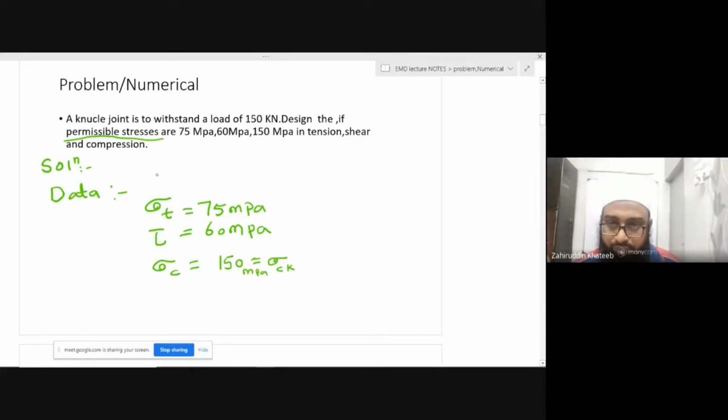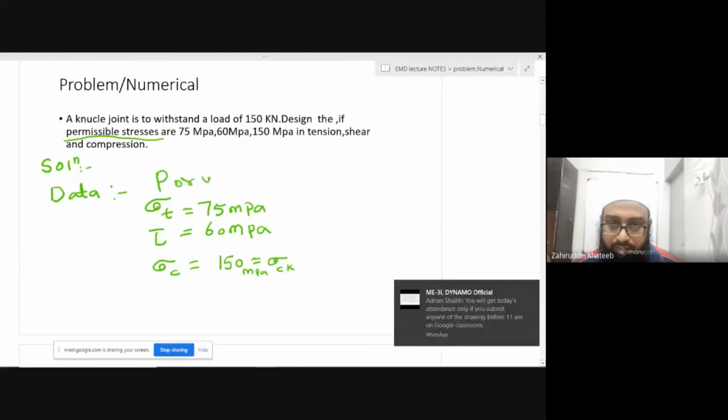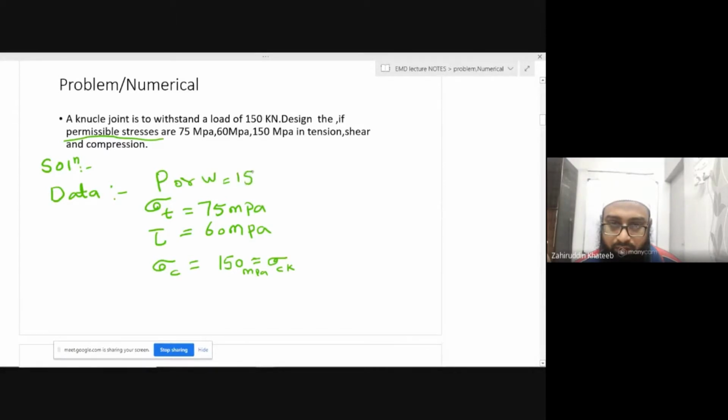Also we have been given P or W equal to 150 kilonewton, which is 150 into 10 raised to 3 Newton. So this data is given to us, and they are asking us to design the knuckle joint.